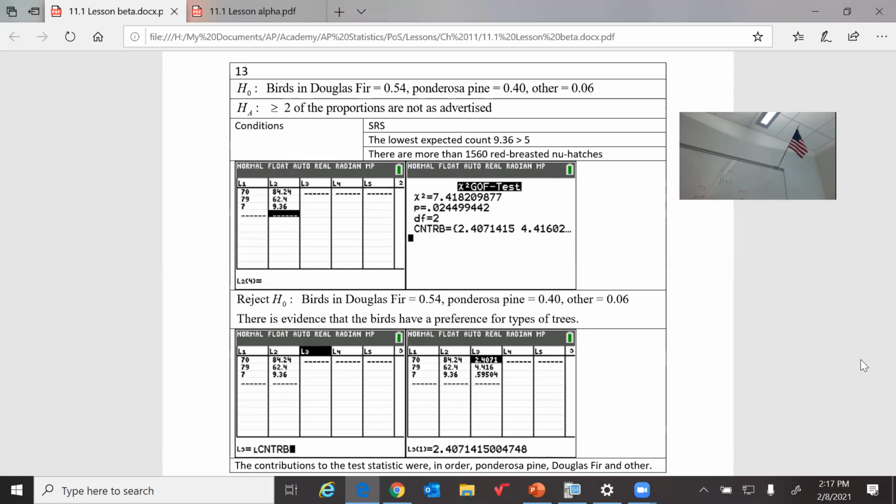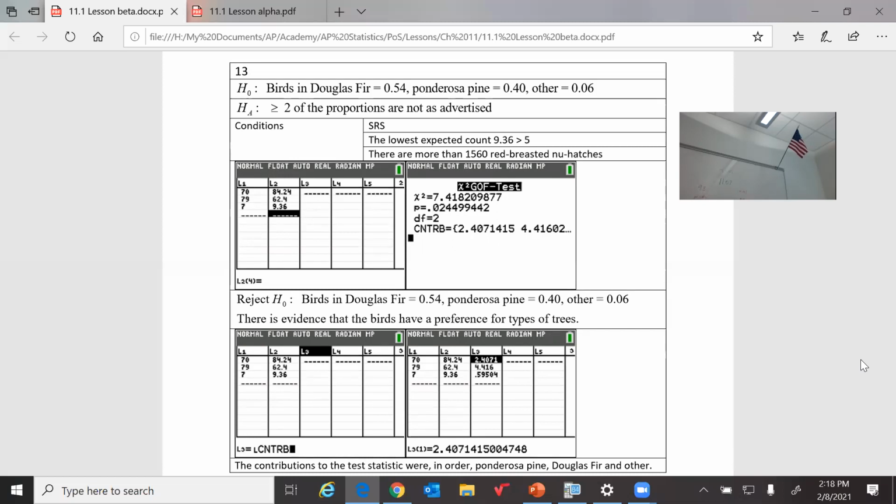We have a SRS. Here are the expected counts. The expected counts are in list 2. We multiplied the sample size, 156, times these proportions to get the expected counts.